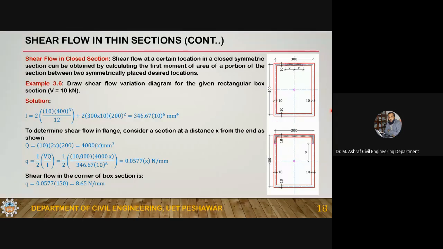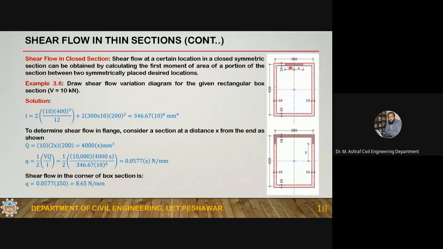Okay, so in the case of closed section, there is an additional thing which you should remember. If you want to calculate a shear flow at this section, then you will have to take a symmetrical section on the other side, and then calculate the first moment of area between these two sections.